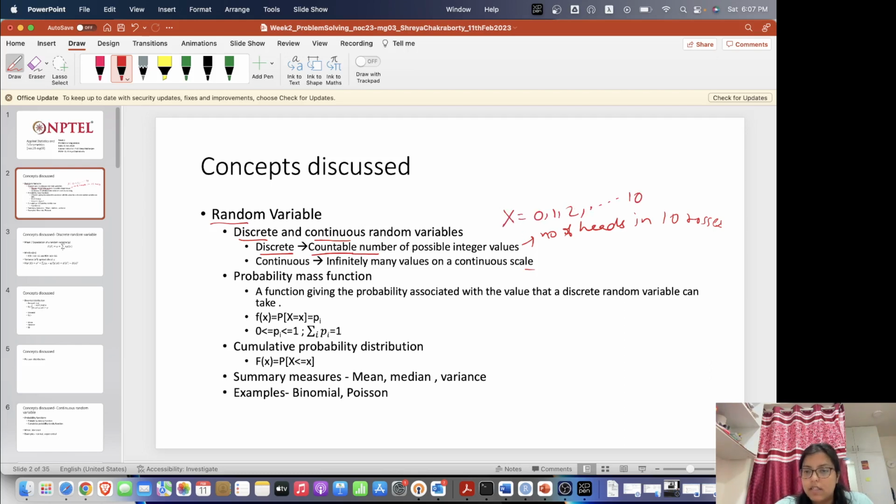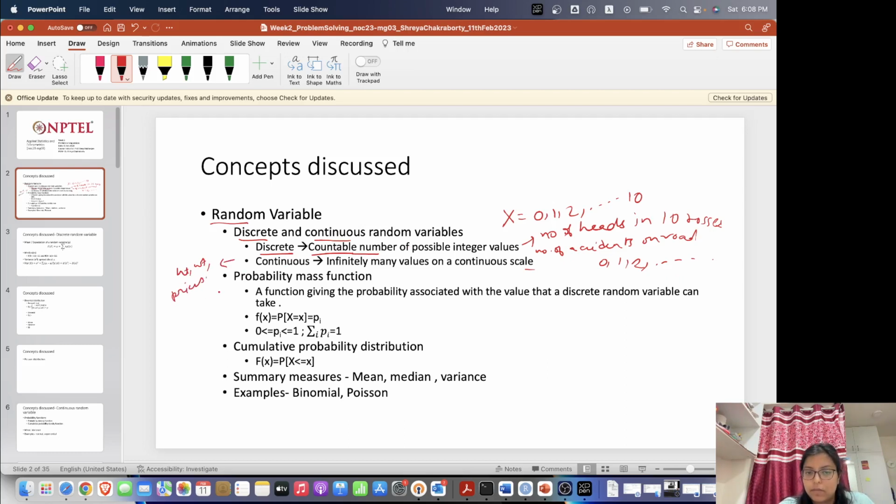It could also be countably infinite, like the number of accidents on road. It could be 0, 1, 2, and there's no end to it. It could go until infinity. Those kinds of variables are discrete. And continuous, like we gave examples of height, weight, prices, and so on.